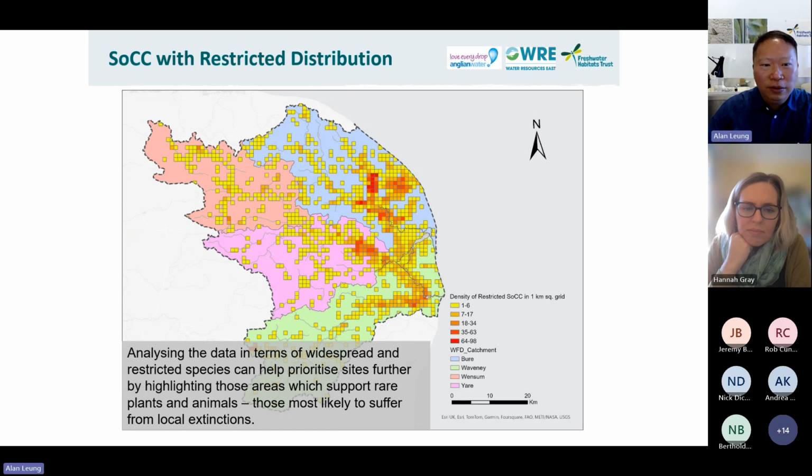Why it is useful to separate the widespread and restricted species is because restricted species may be more vulnerable to local extinction. So we think those areas supporting some restricted species are worth protecting, because if we lose their habitat in that particular area, it may mean we are increasing the chance of local extinction.